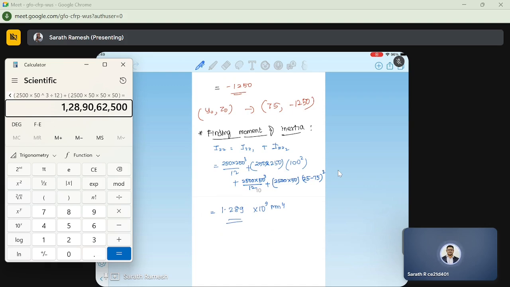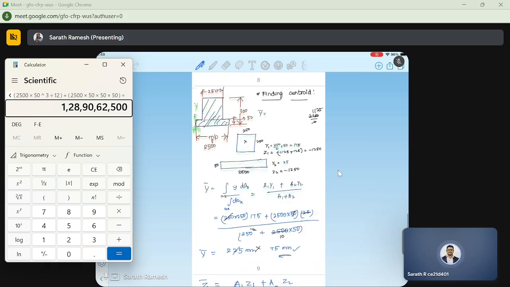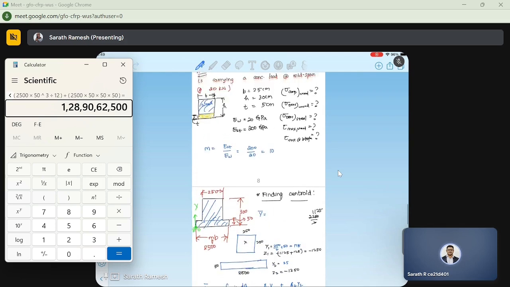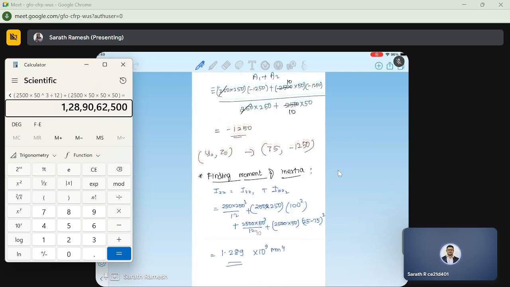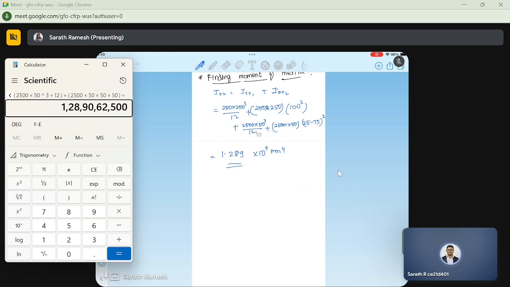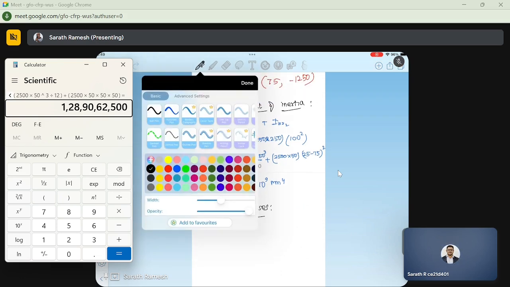Now, what is the next thing? Finally, we need to find the stresses. So let's just go ahead. Finding stresses. So how to find stress?